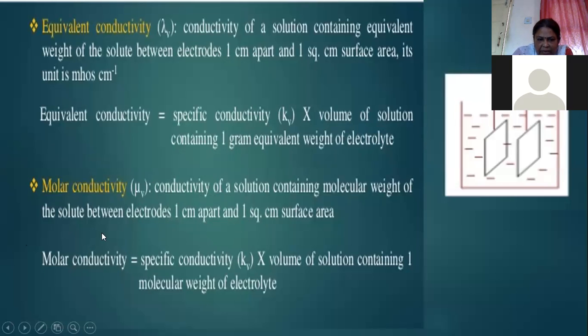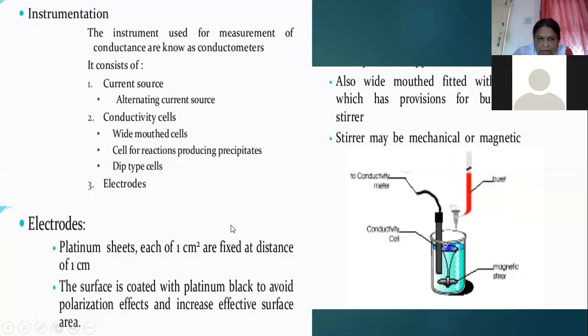In other words, if you dissolve 1 gram molecular weight of the solute in 1 liter of the solvent, then the conductance shown by that solution is called molar conductivity. So molar conductivity can be expressed as specific conductivity into volume of the solution containing 1 molecular weight of the electrolyte.